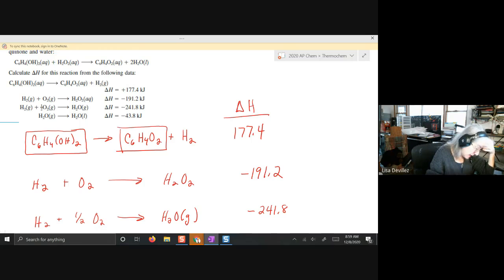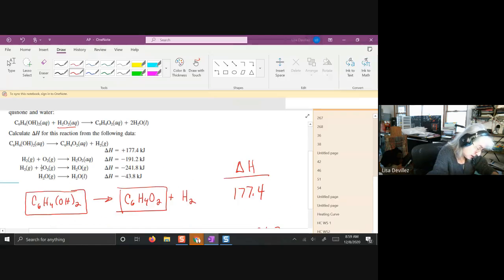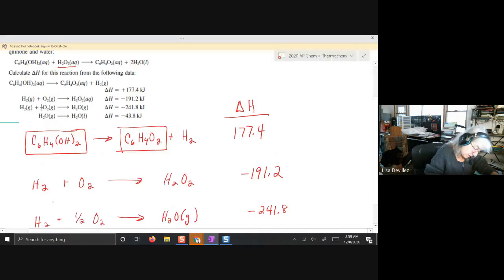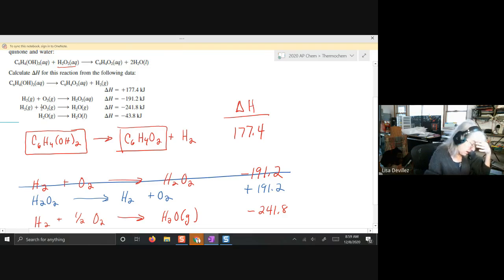Okay, so I need H2O2 as a reactant, and it has to have a 1 on it. So this one, I'm just gonna flip. All right, let me switch colors again. So H2O2 → H2 + O2, so that's gonna be a positive 191.2. So we'll mark that out. All right, so now this is where it needs to be.